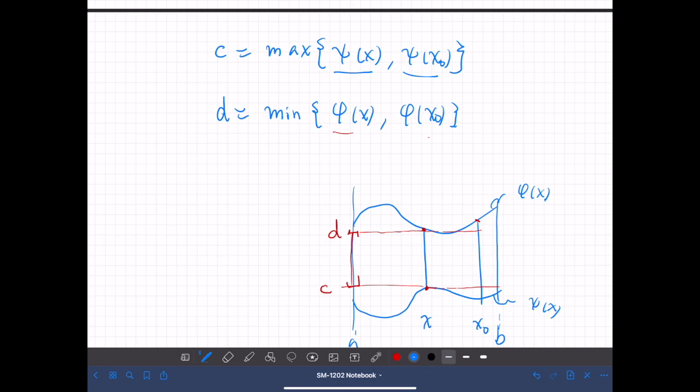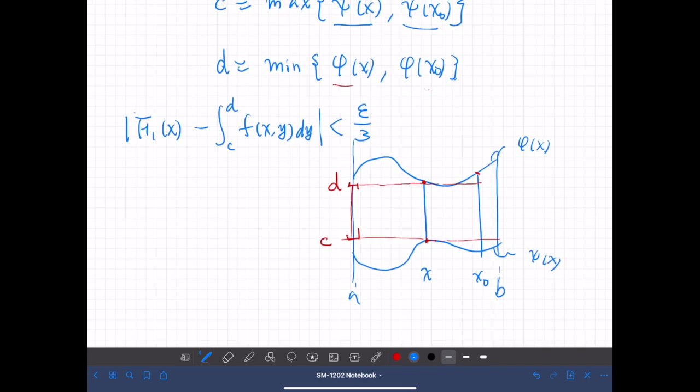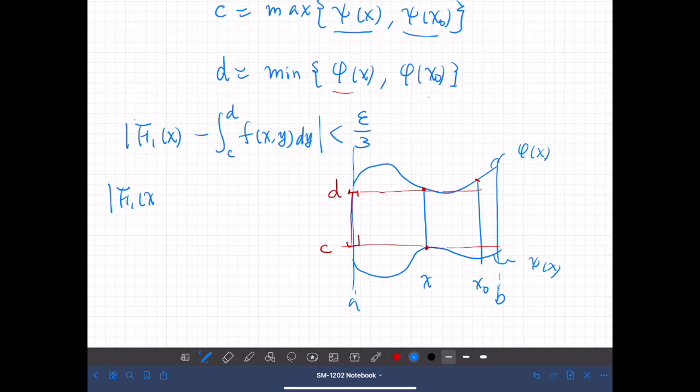That is, the absolute value of f1 of x minus the integral from c to d of f of x, y dy is less than epsilon over 3, and also f1 of x0 minus the same integral, but with the value of x fixed at x0, is less than epsilon over 3.